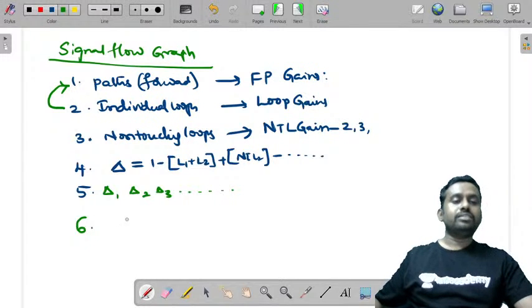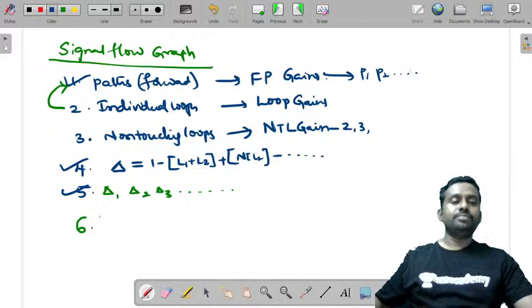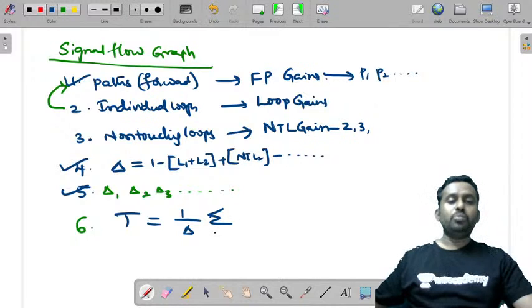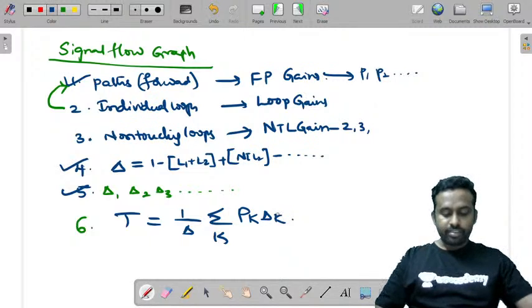At the end, substitute these values of delta, delta 1 and the forward path gains P1, P2 and so on in the expression of Mason's gain formula, that is transfer function T is equal to 1 by delta times the sum of Pk delta k. So this is the complete procedure.